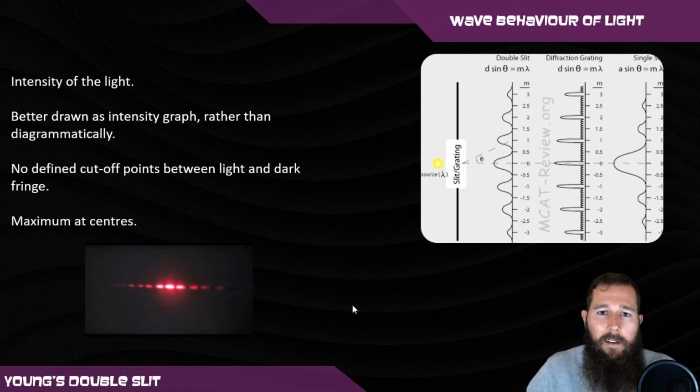There's no defined cutoff points between the light and the dark fringes. So you can see with this intensity graph, the dark spot is perfectly dark there and the bright is the brightest there. However, in between it's a combination of the two.